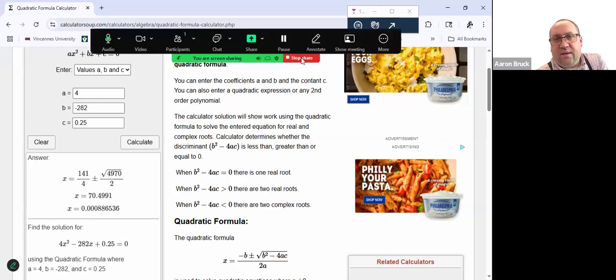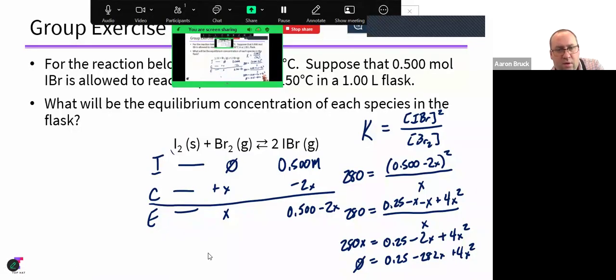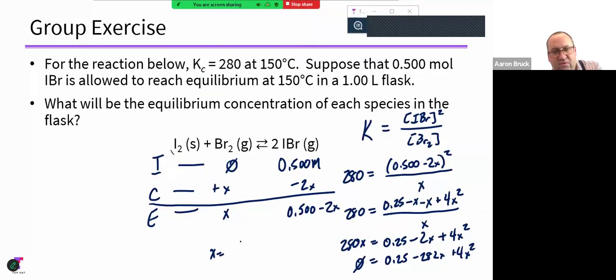So 8.9 times 10 to the negative fourth is the value that we're going to use. So x is equal to 8.9 times 10 to the negative fourth molar.